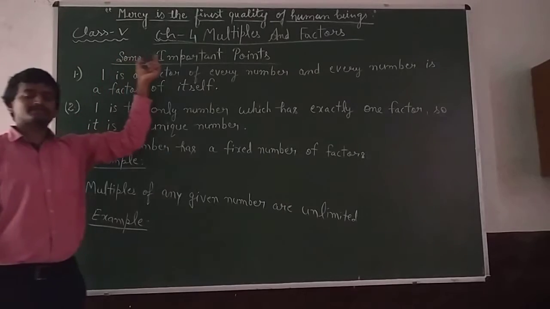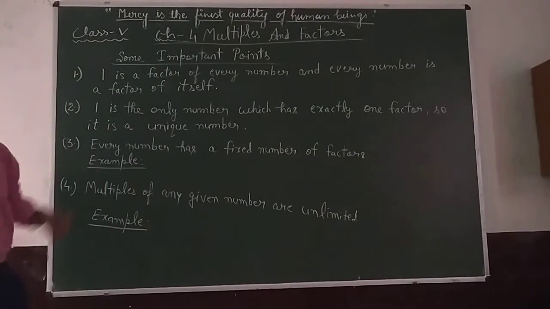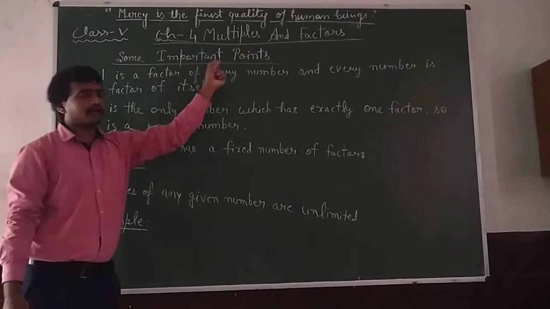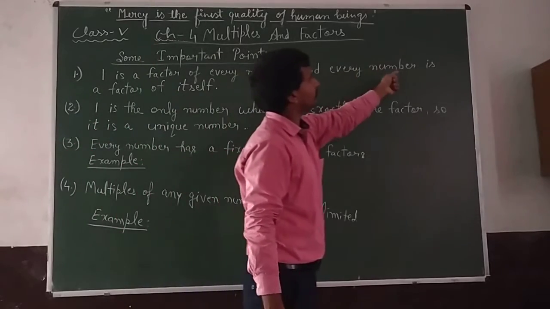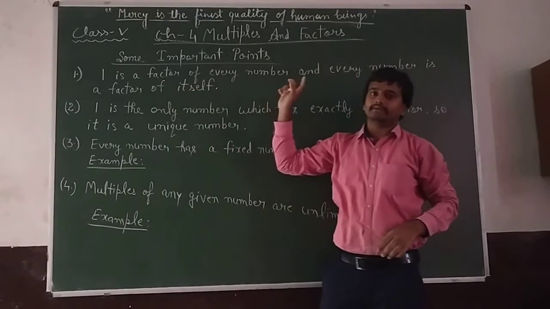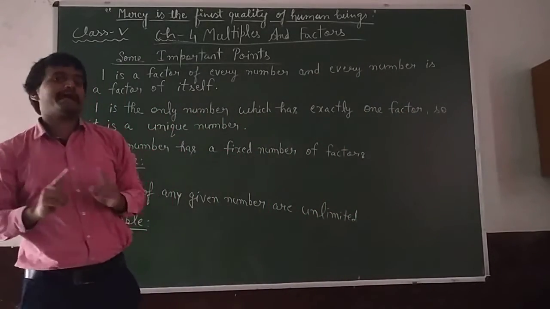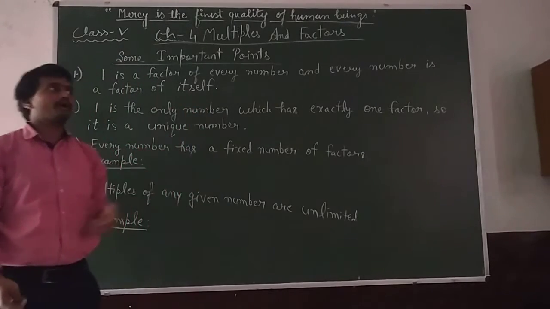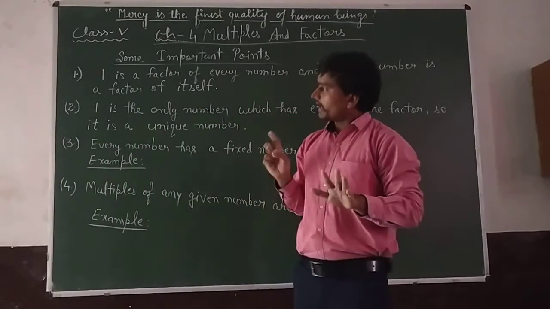Now, let us study some important points. First point is 1 is a factor of every number, and every number is a factor of itself. You should remember that 1 is a factor of every number because every number is divisible by 1.